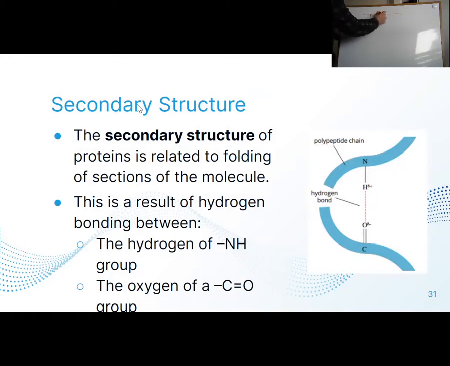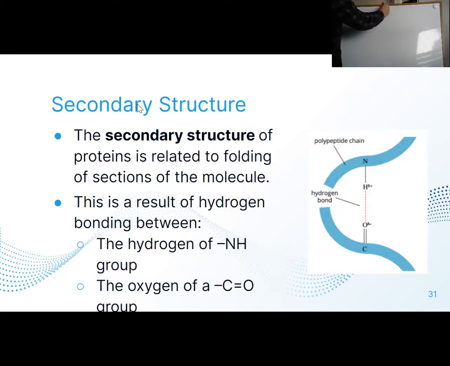And over here, on another group, there might be negatively charged oxygen. So this protein will do this and form a hydrogen bond between the NH and the carboxylic acid group of another one. So it begins to fold.